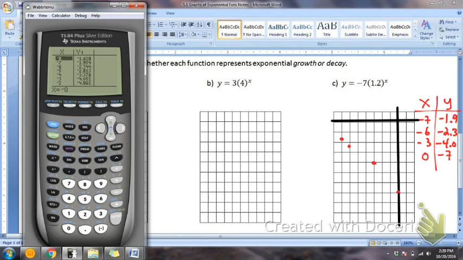You don't have to do consecutive points. Yeah, as long as you know that this is kind of what the graph looks like. Please make sure it looks like a curve, not a line. Any questions about this? No?